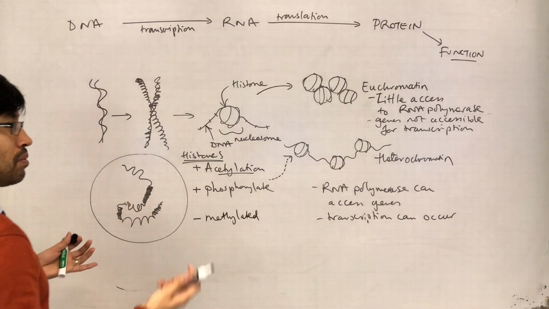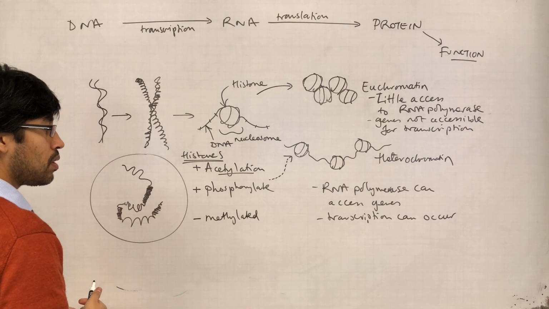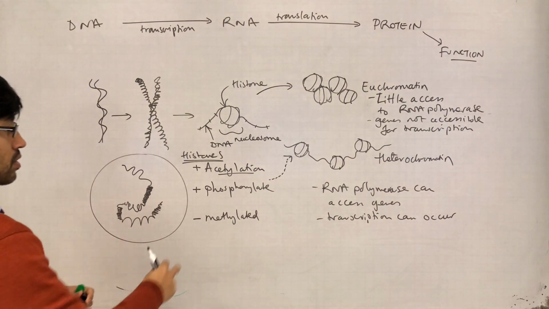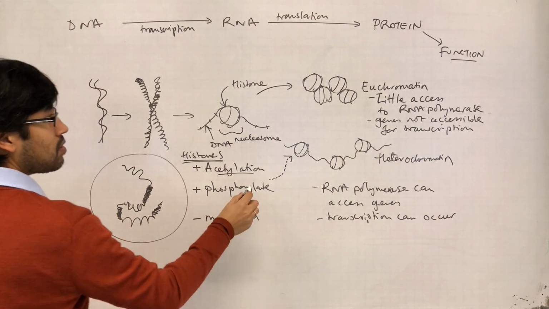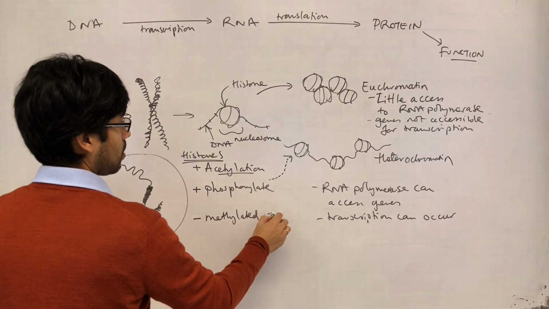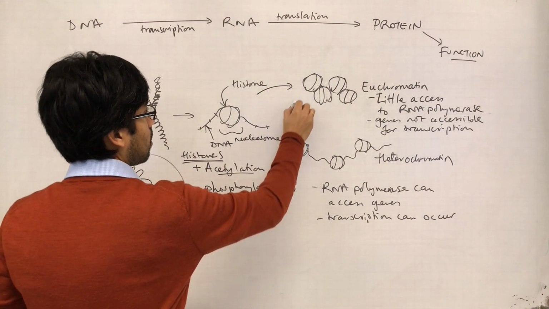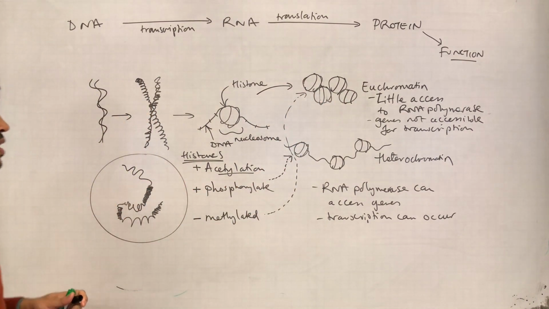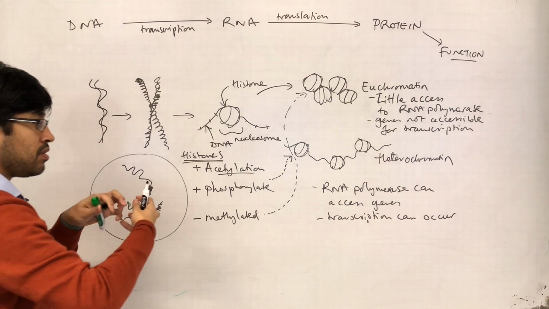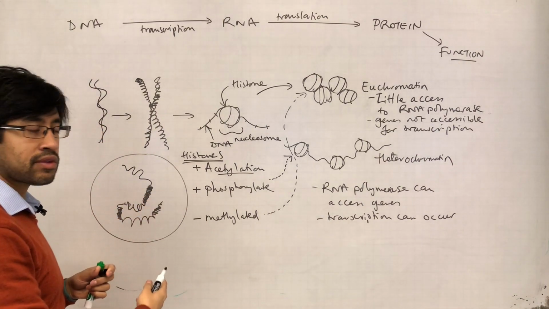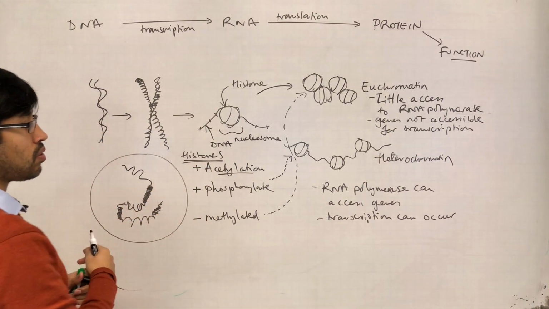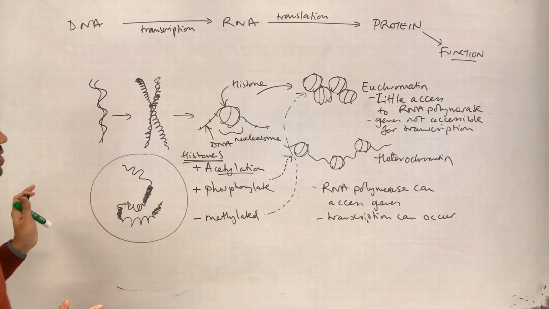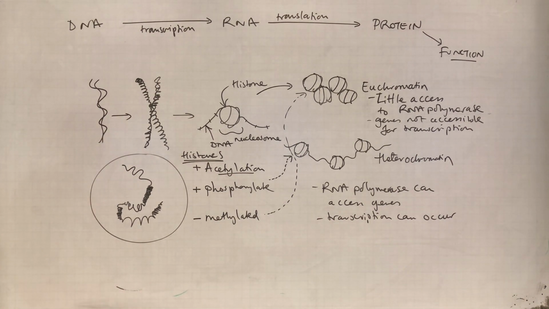Now, when methyl groups are added to the histone proteins, DNA wraps more tightly around them, and it results in the DNA tending to be more like euchromatin, where the DNA is wrapped around the histone proteins and not accessible, and we get less expression of those genes. Okay, so I hope that is making sense, right?